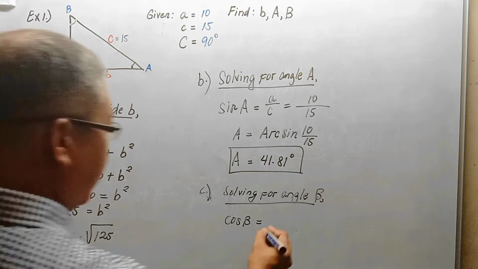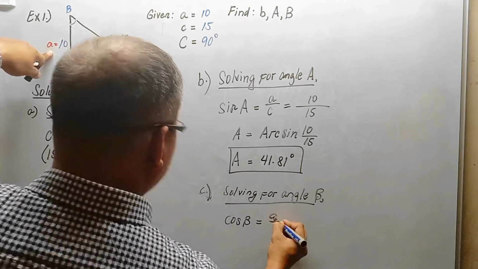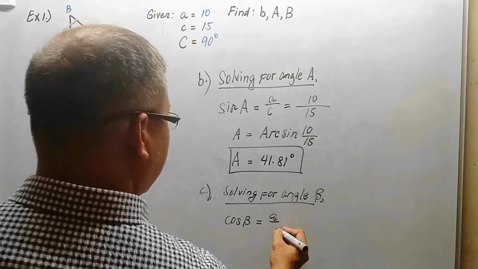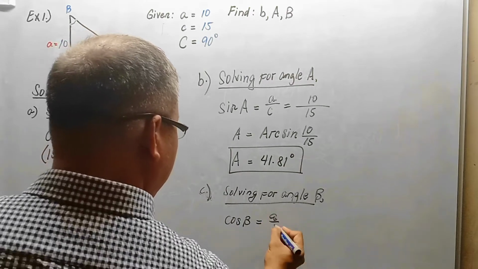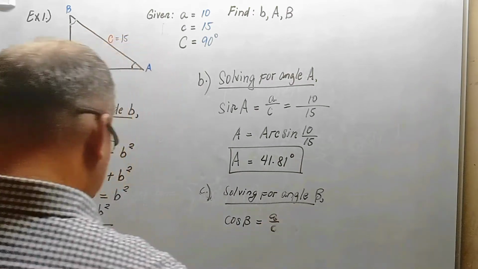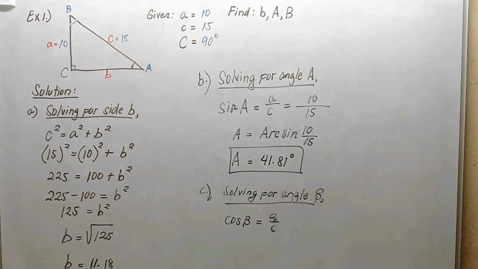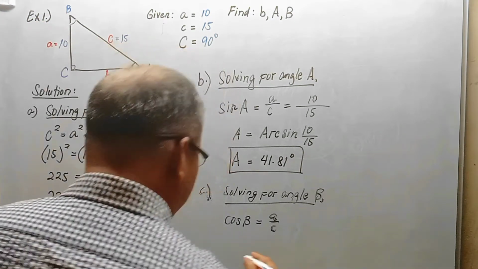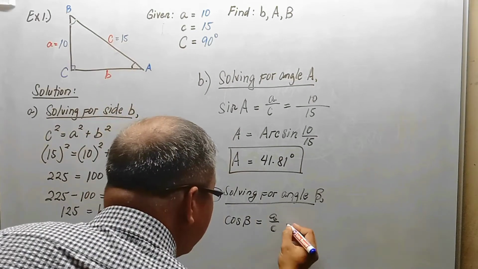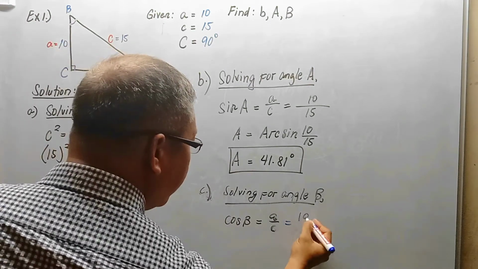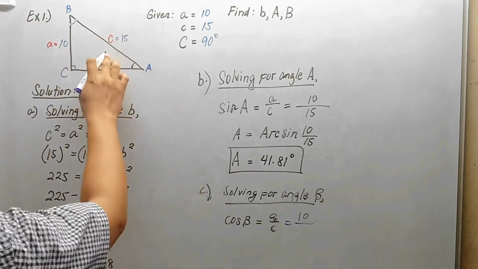So, A over C. Cosine B, SOH-CAH-TOA, adjacent over hypotenuse. So A over C is equal to, what is A? 10. And the hypotenuse, 15.